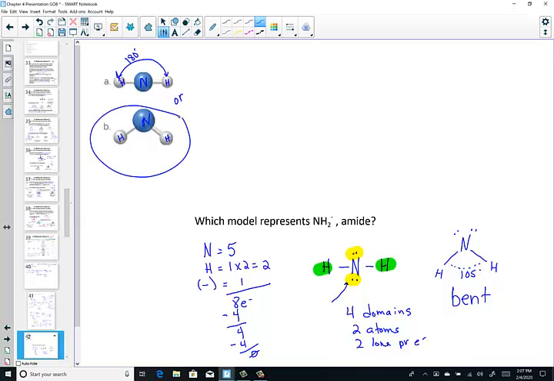And clearly we see it's not linear. It would only be linear with a 2-2-0 VSEPR count. This was a 4-2-2 VSEPR count. And that's how we determined letter B was the correct structure, just by drawing out the Lewis dot structure.